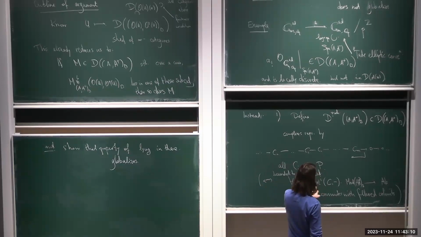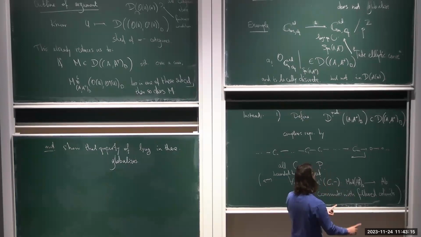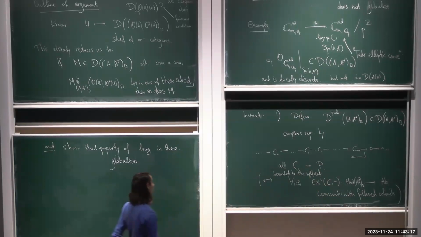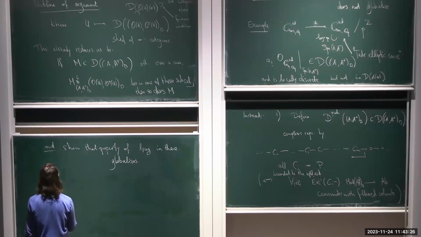And then you need to check this condition. To check that, the only thing you need is that these localizations have bounded amplitude. Otherwise there would be some boundedness issue, but given that the localizations are bounded to the left, this is fine.